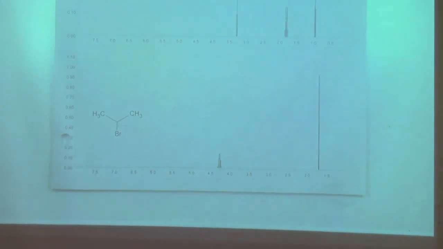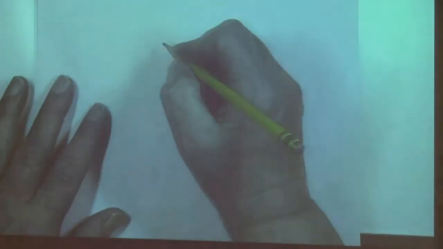So just for an example, I'll go ahead and do an example. I seem to have lost my pen somewhere. Guess I'll have to use this big fat pen. There we go.